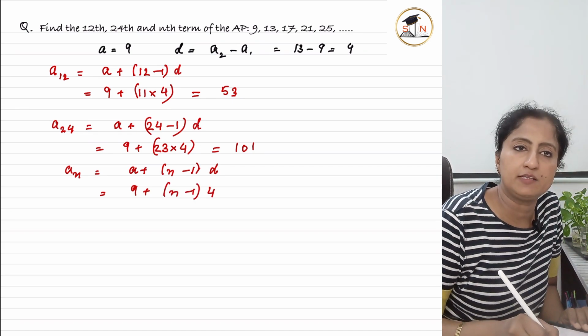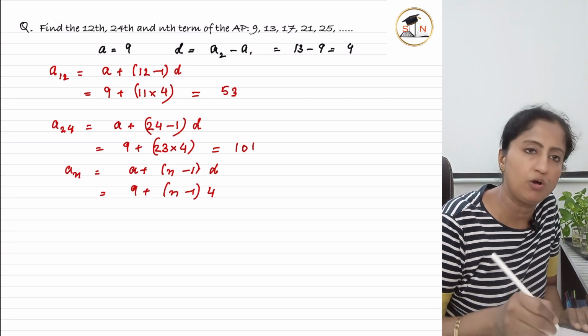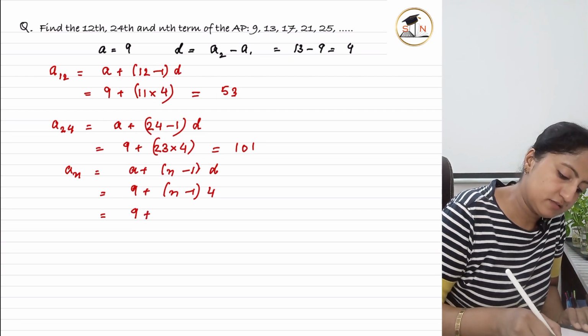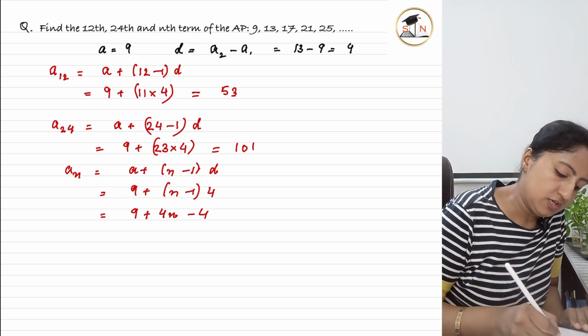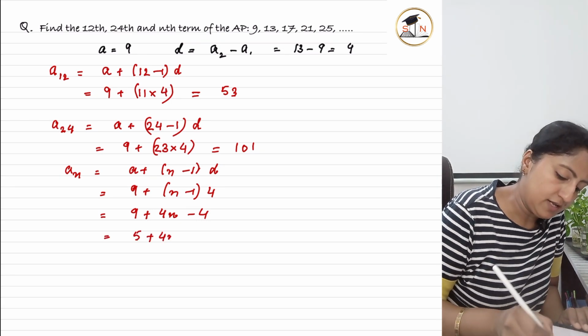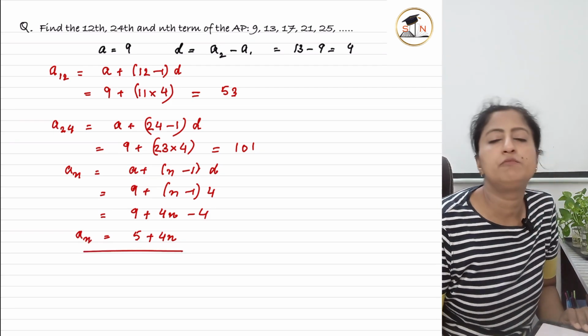We need to simplify this. It is not the final answer for the nth term until we simplify it. It becomes 9 plus 4n minus 4. So 9 minus 4 leaves us with 5 plus 4n, and this is the nth term for the given AP.